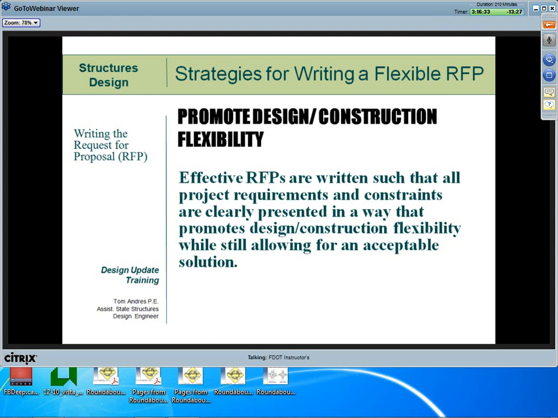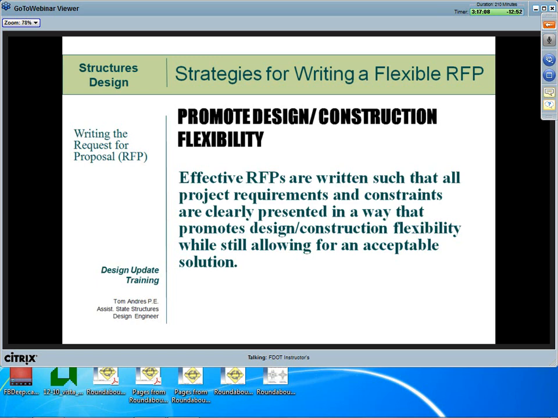The next series of slides outlines specific strategies for promoting flexibility in the design build or P3 procurement process. We have accumulated numerous examples through the years on how RFP language can promote designs that are different from the original concept or indicative plans, in some cases with greater value and less cost. 10 to 20% cost savings over what was shown in the concept plan estimate is not unusual.